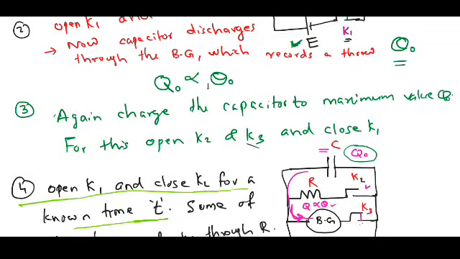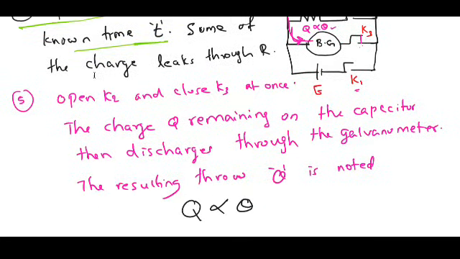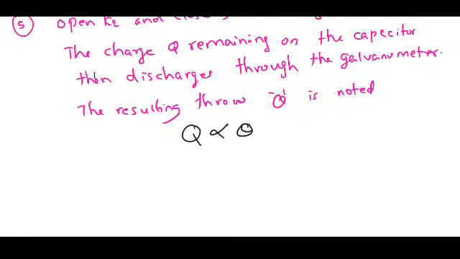And how can we find this Q0 by Q? In step 2, where we found the maximum charge, Q0 is proportional to theta 0. And from the fifth step, we obtain the charge at any instant of time, Q, proportional to theta.